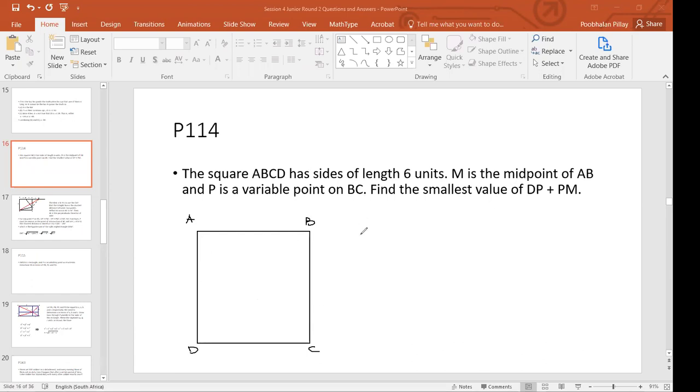M is the midpoint of AB. Okay, I actually want it to be here. I'm going to rename this because I don't have space in my diagram. We'll call this A here.